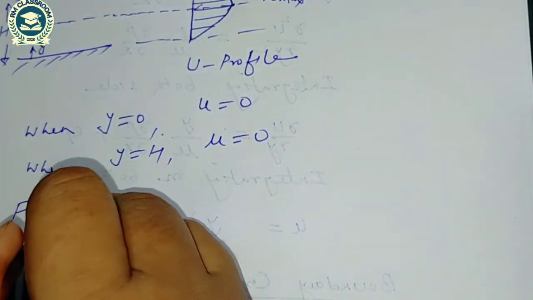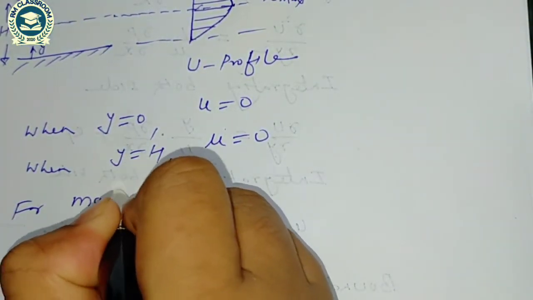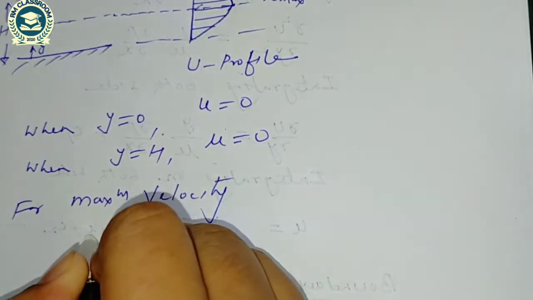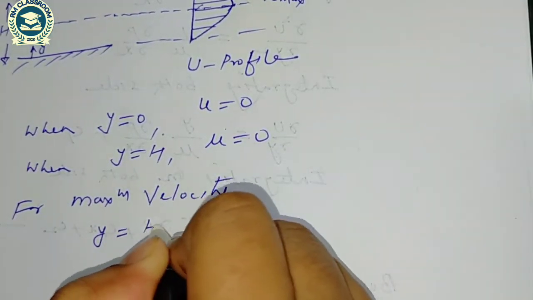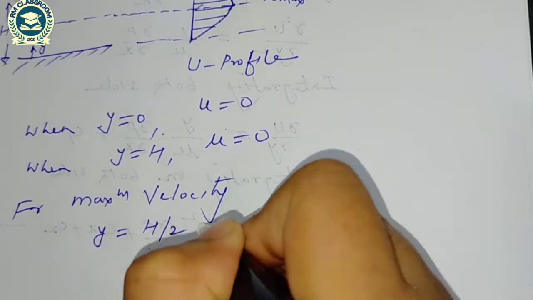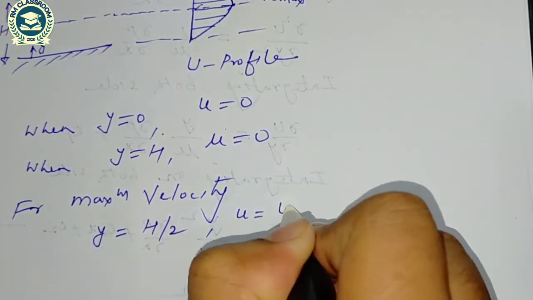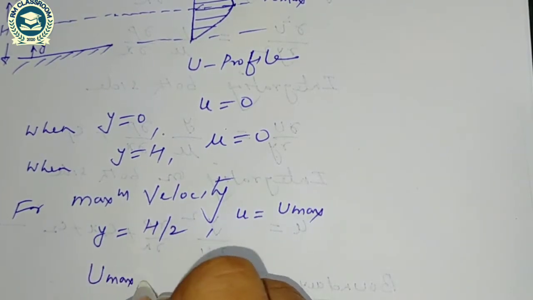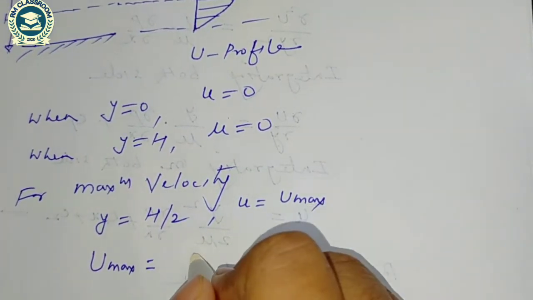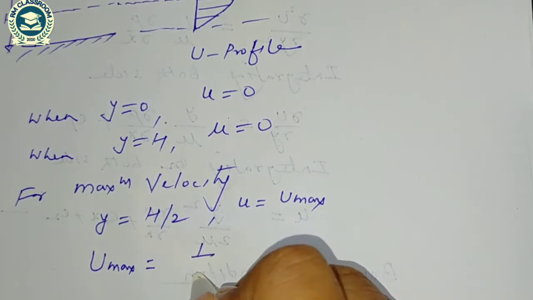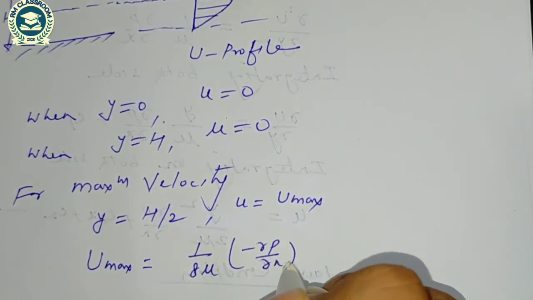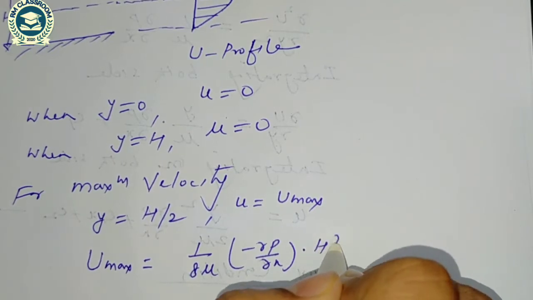For maximum velocity, y is equal to h by 2, u is equal to u max, and u max is equal to 1 by 8 mu minus del p by del x into h square.